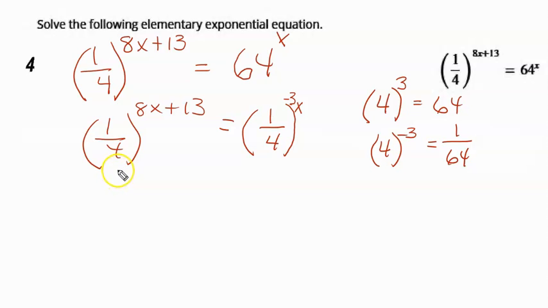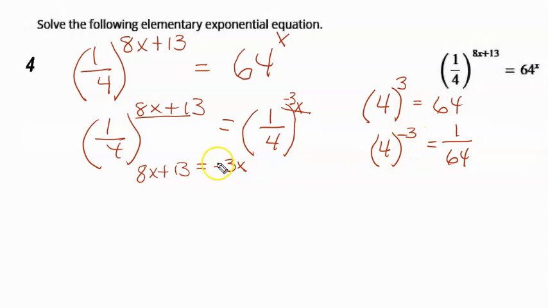So now my equation reads 1/4 to this power, 1/4 to this power. Remember, we don't know what that x is. That x is the unknown. But we've taken it to the second level where our bases are the same. And now we equate the exponents to each other. So we get 8x plus 13 equals a -3x. So you wanted to see where that -3 came from here.